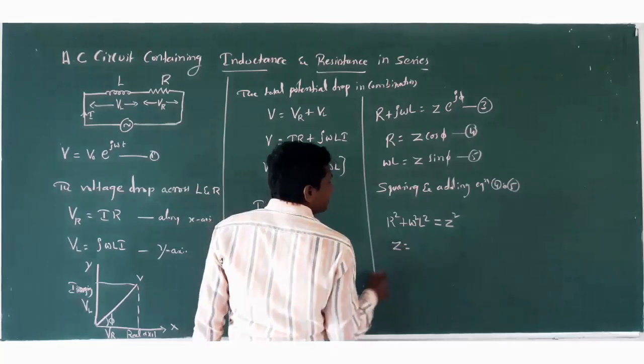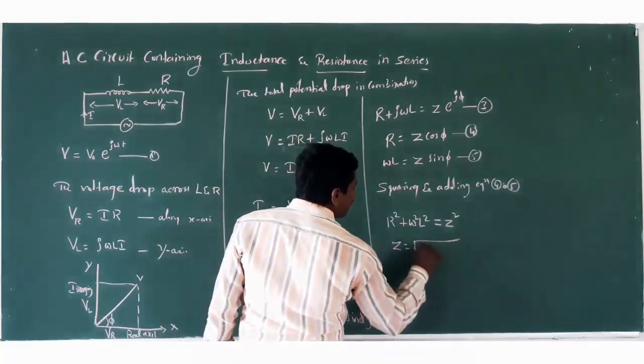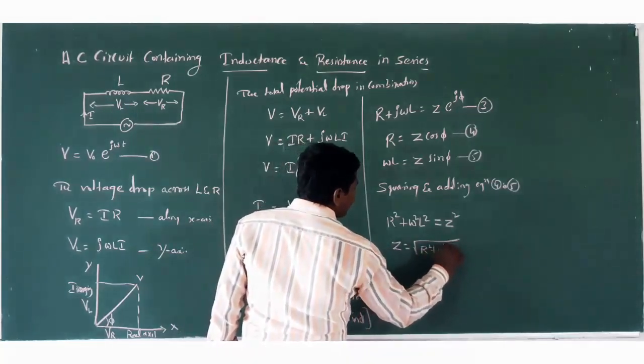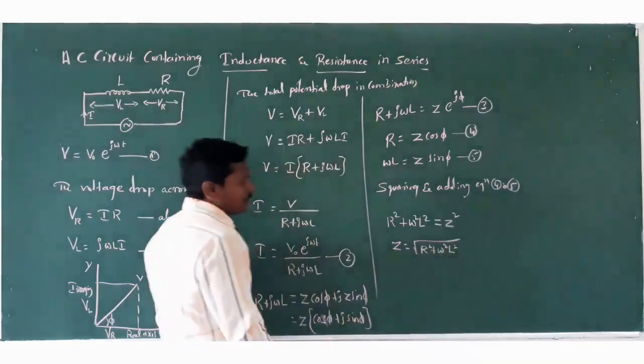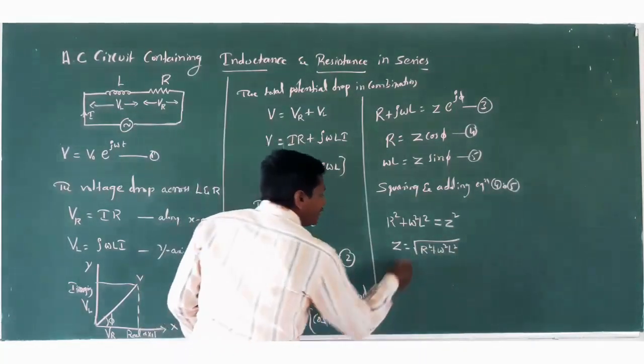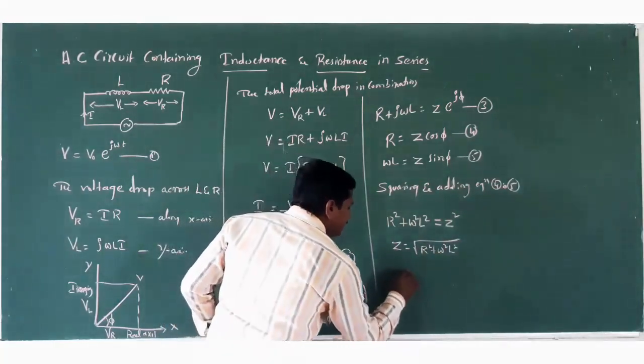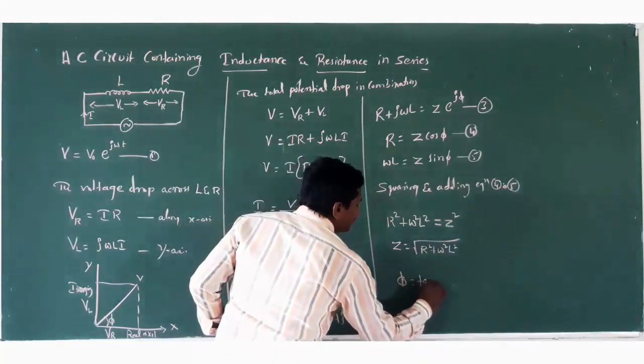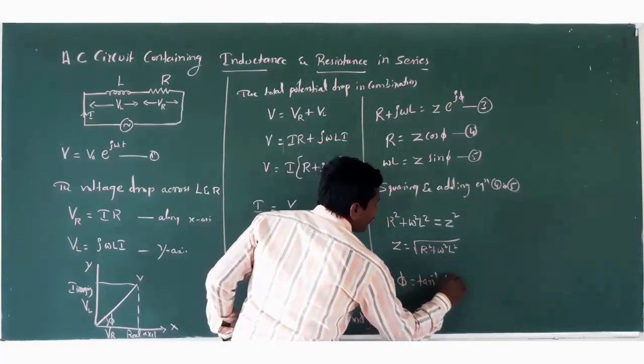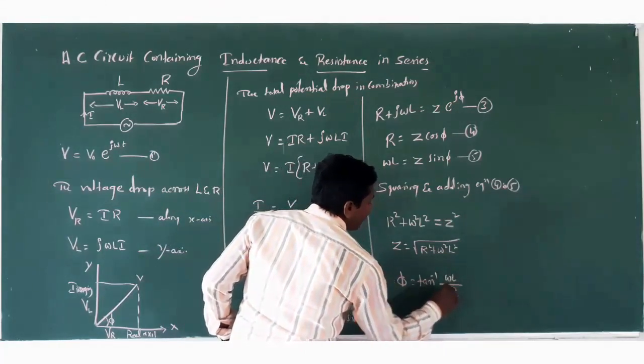Therefore Z is equal to the square root of R square plus omega square L square. So here phi is the phase angle, and that phase angle can be written as tan inverse of omega L divided by R.